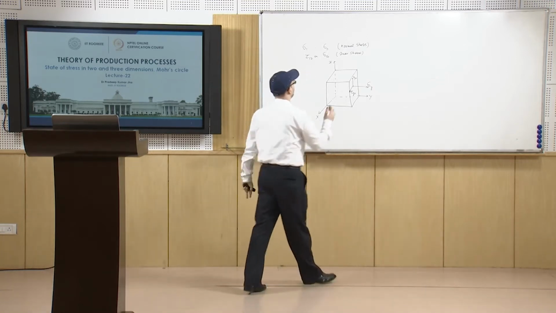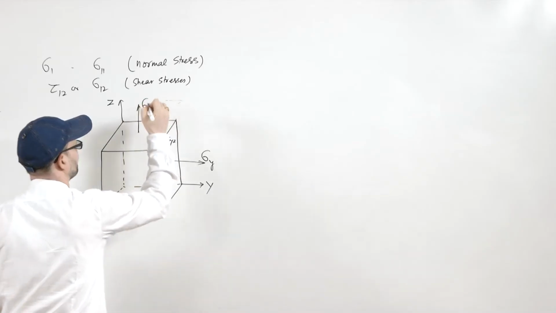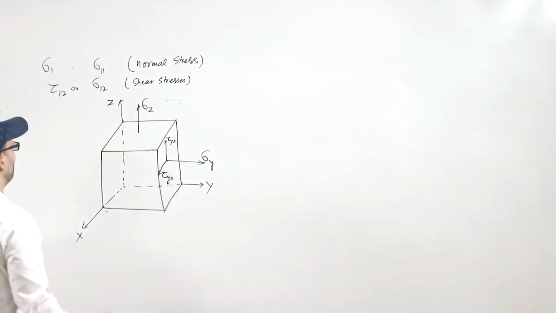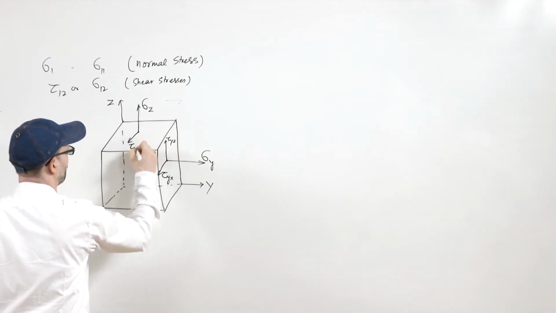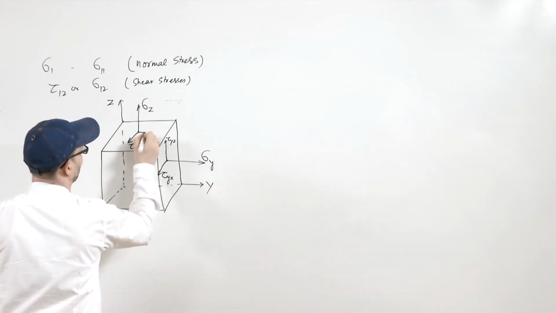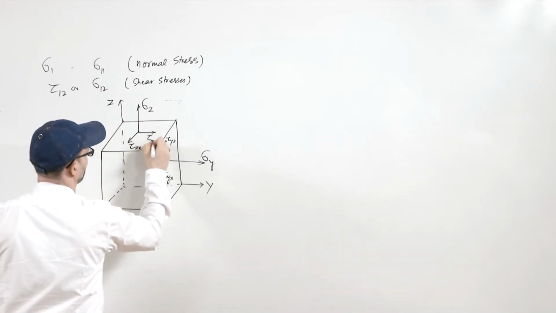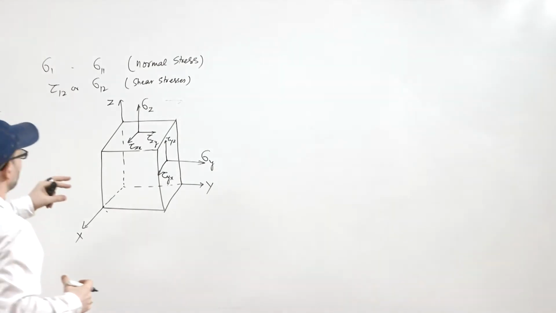Here you will have this as sigma z, then tau z in the direction x, so tau zx, and again tau zy. This way you can define the normal and shear stresses.